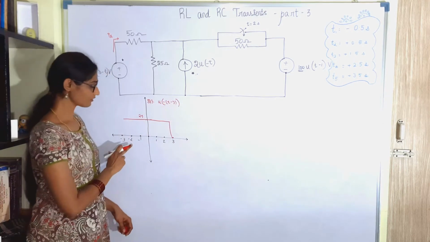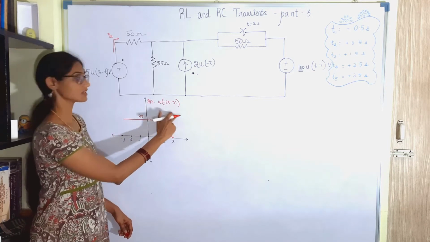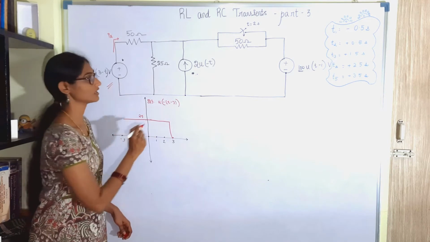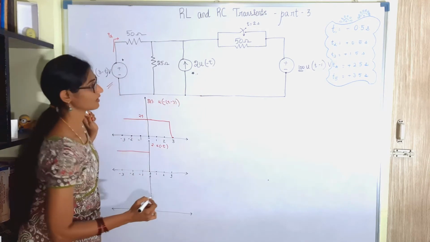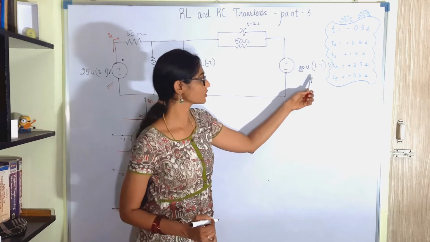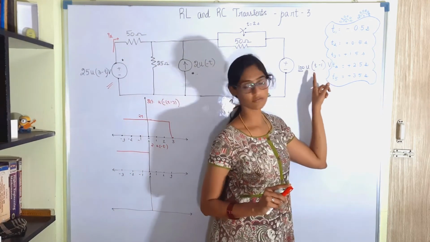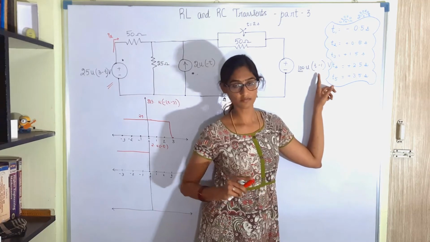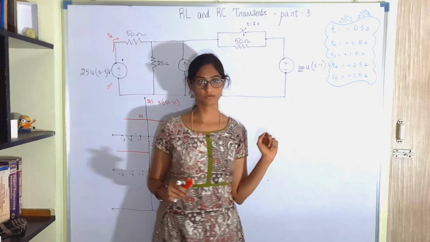Okay, so this is how we represent the signal 25 into u of t minus 3, or this voltage source. Let us represent this voltage source, this current source. Now let's plot this 100 into u of t minus 1. It means that this signal is delayed by 1 second, or from time t equal to 1 second, 100 volt will be sent by this voltage source.